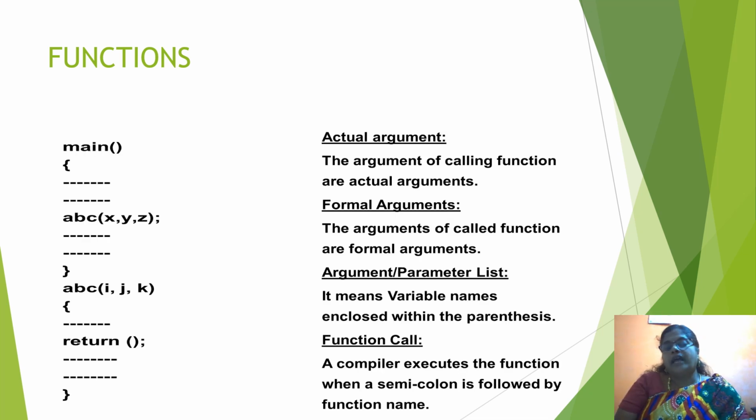Actual arguments are the arguments of the calling function, and formal arguments are the arguments of the called function. The argument or parameter list means variable names enclosed within parentheses. Function call: the compiler executes the function when a semicolon follows the function name.